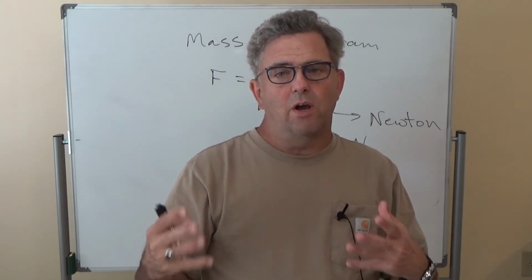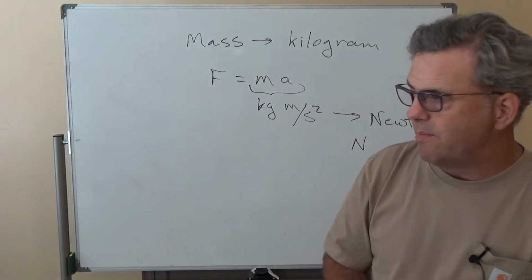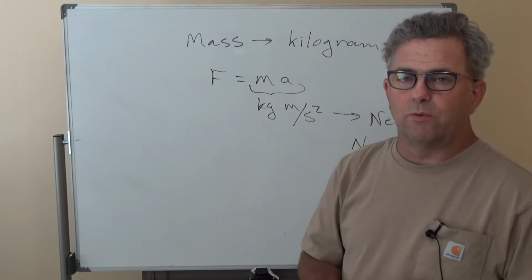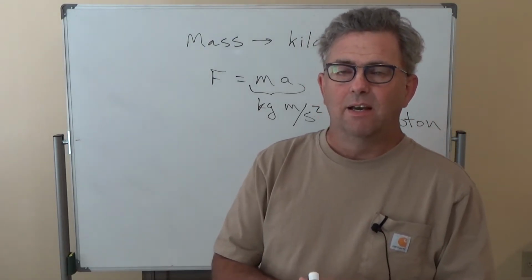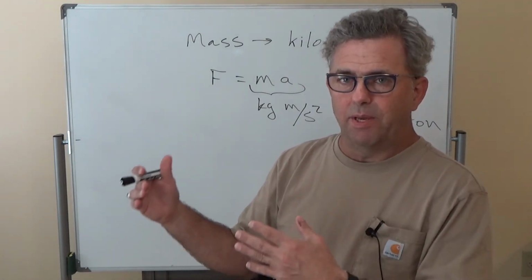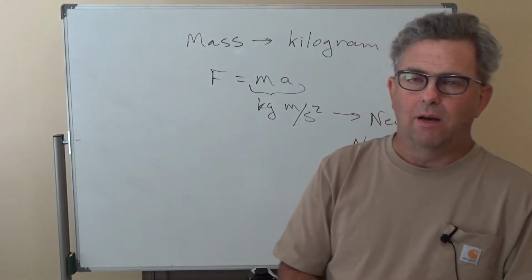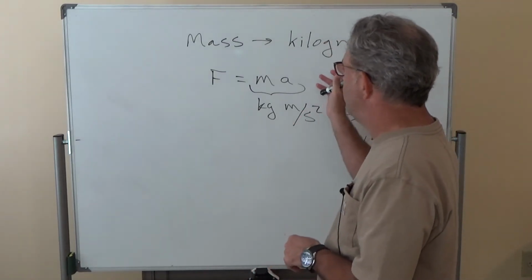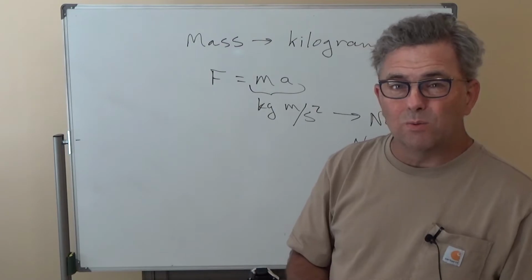So anytime we're talking about forces, we're going to be measuring those in newtons. There are other units for forces like dynes. A dyne is a gram centimeter per second squared. Like I said, a kilogram's about 2.2 pounds.